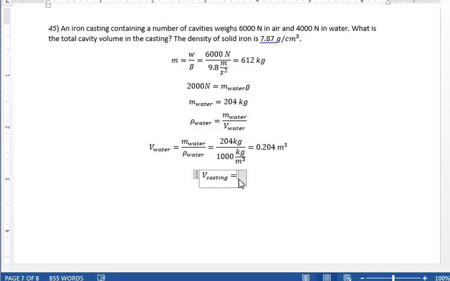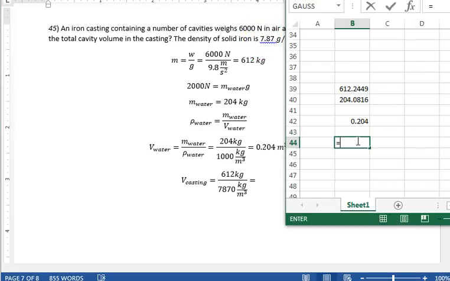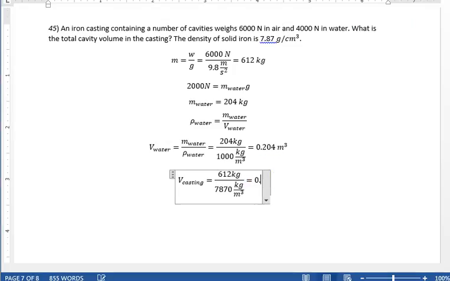So here we've got the mass, 612 kilograms, and this is just like with the water. The density of iron is 7,870 kilograms per cubic meter, so 612 divided by 7,870 gives us a volume for the casting of 0.078 cubic meters.